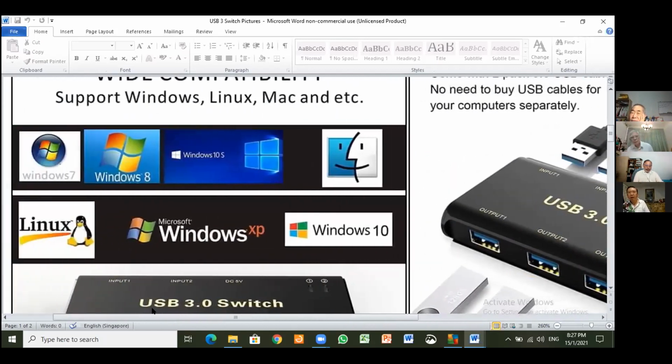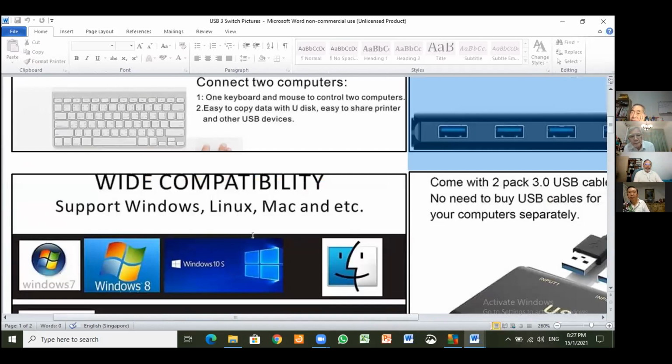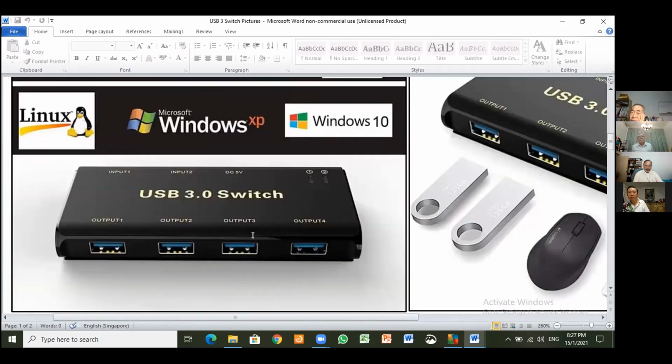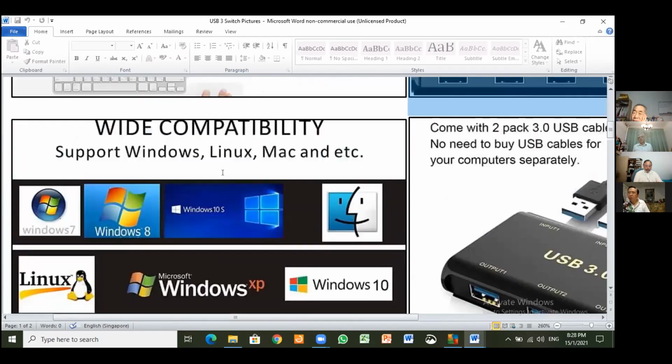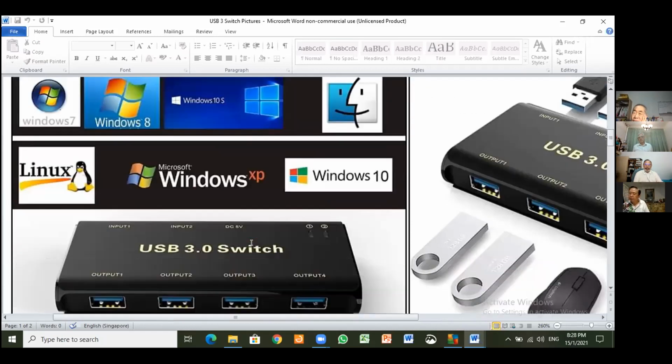So this one is actually telling us that you can use it on various systems, Windows 10, Windows 8.